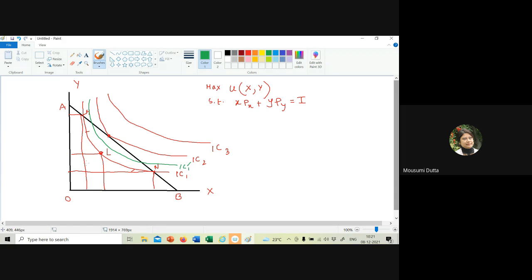Okay, so there is a chance that I like to move either from M to K or J, or in a similar fashion, again, I can draw an IC.